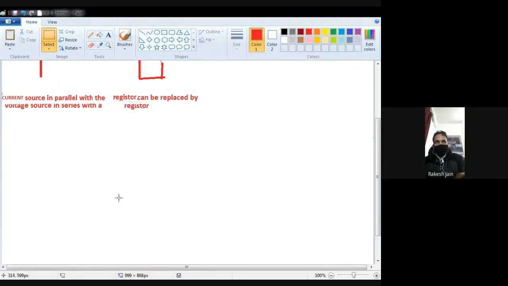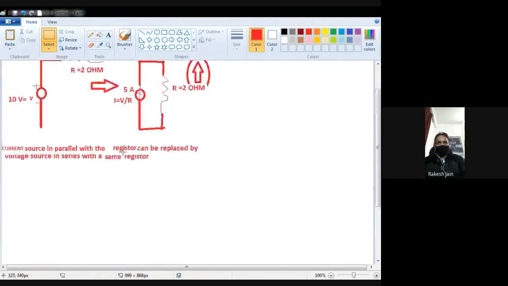Now the definition: it is a very simple technique in which a voltage source in series with a resistor is replaced by a current source in parallel with a resistor, and vice versa.